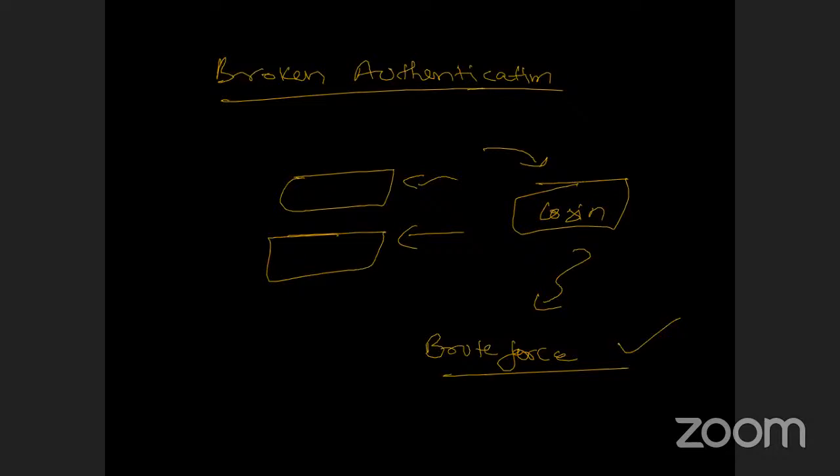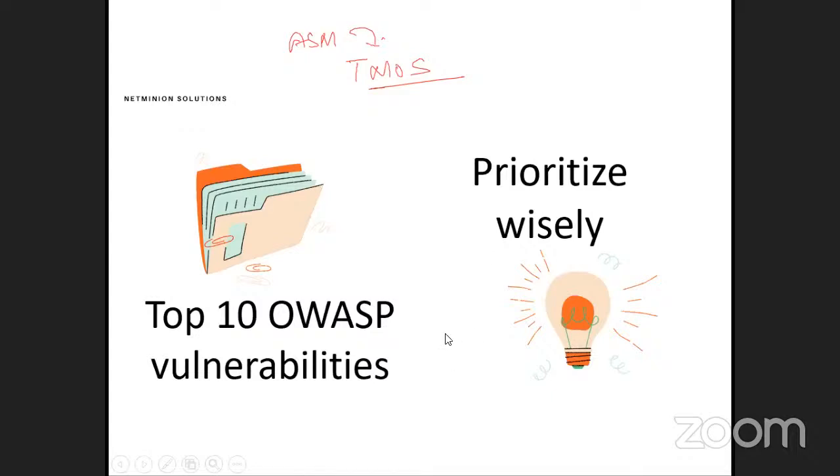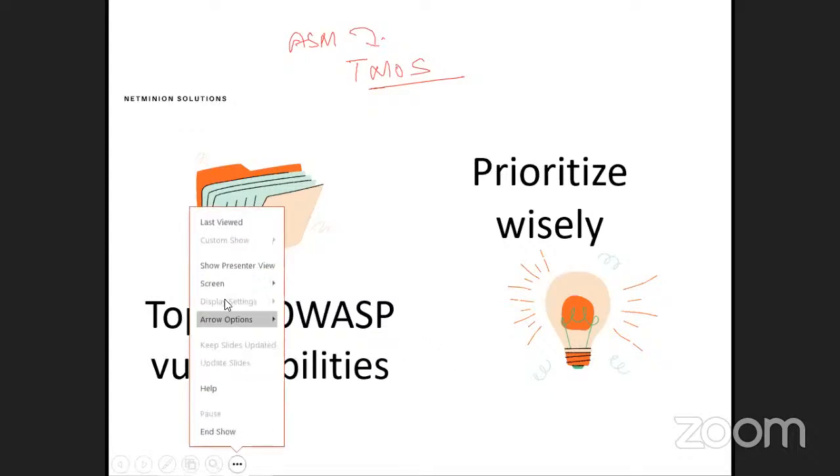That kind of attack can also happen over here. One-click attacks and a lot of other attacks can happen if your broken authentication vulnerability is exposed in front of a hacker. Okay. Is there any doubt so far to anyone? You can ask, guys. If no, let me proceed.